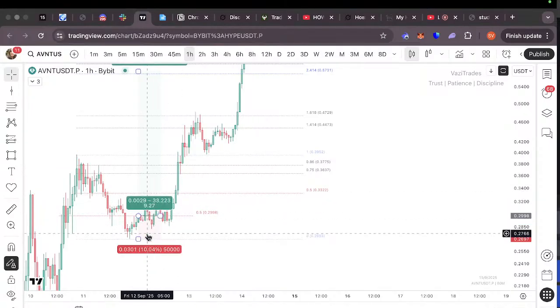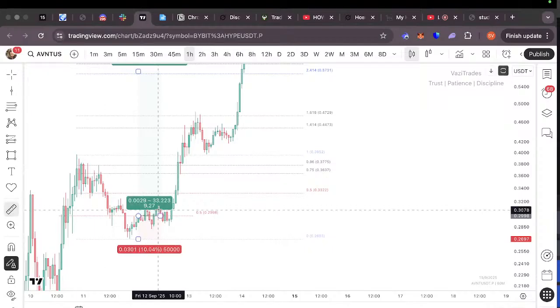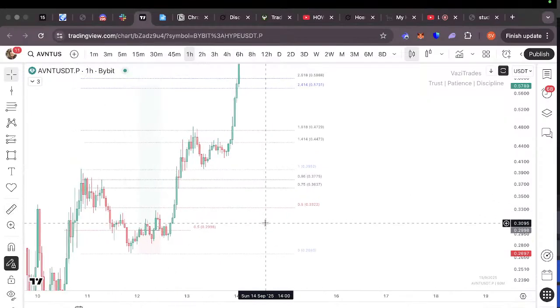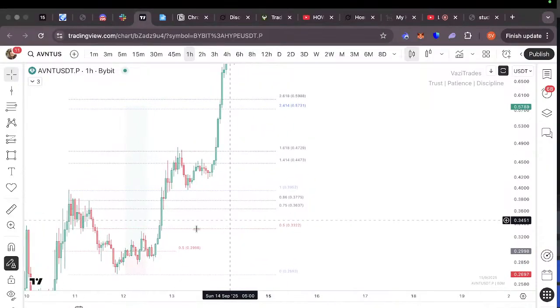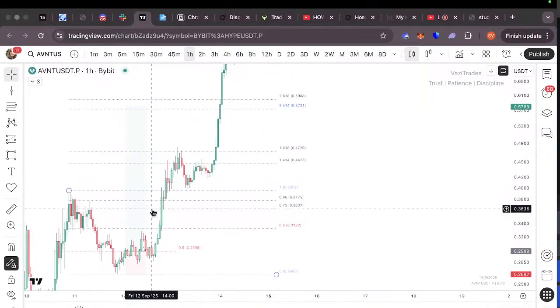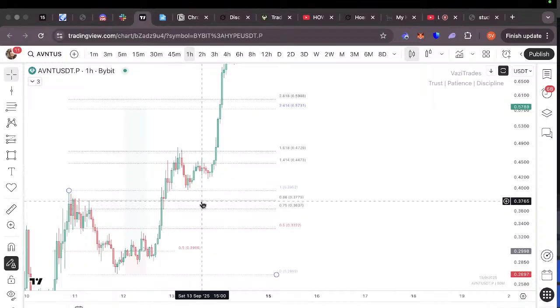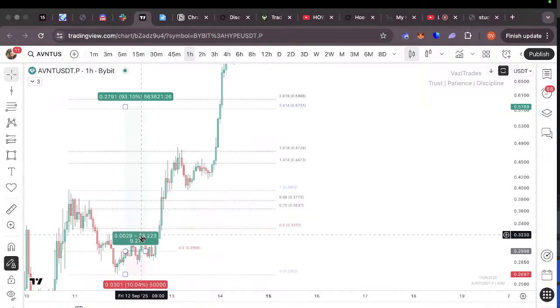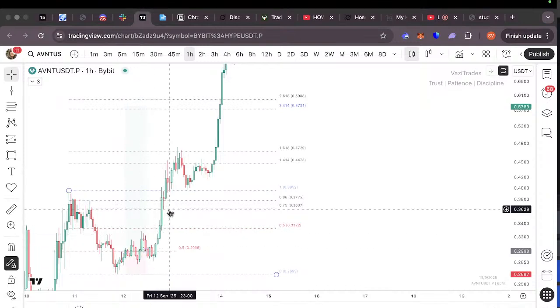Because here the stop loss is 10%, and my take profit would also be 10% from this entry. Okay, this would be my first take profit. Let's say I'm taking like 20% of the position. Then my second take profit would be at 0.75, and you just move your stop loss to break even, because 0.75 is the next support or resistance.